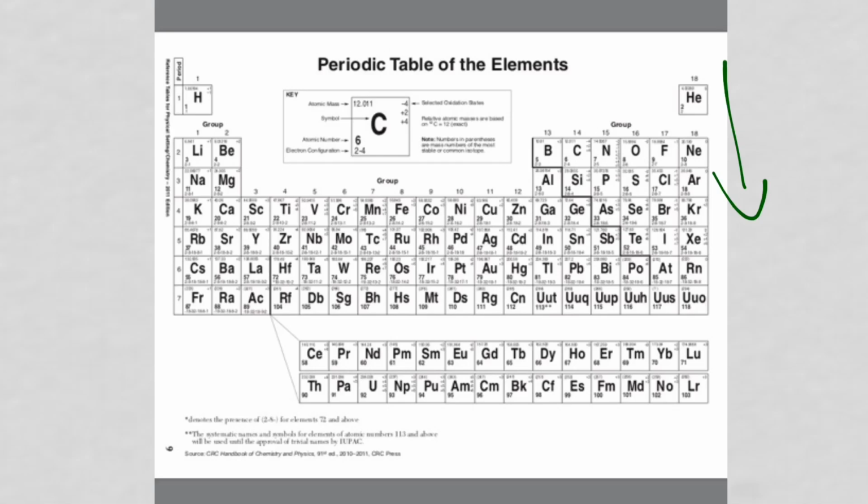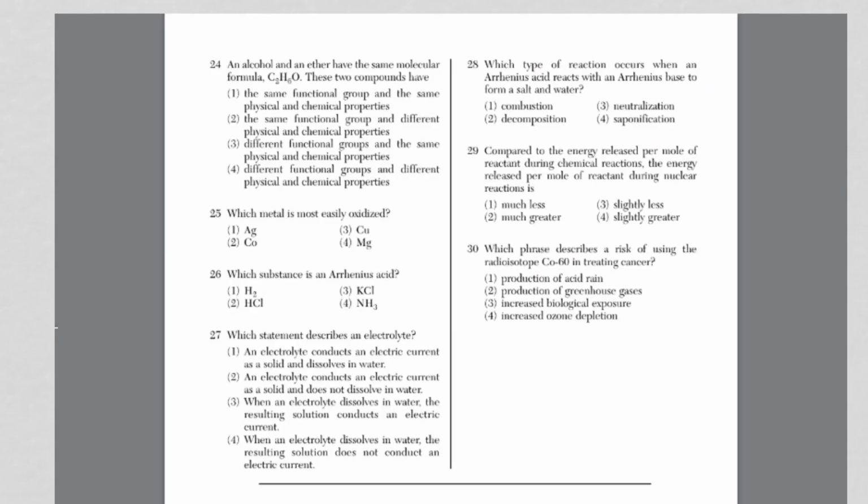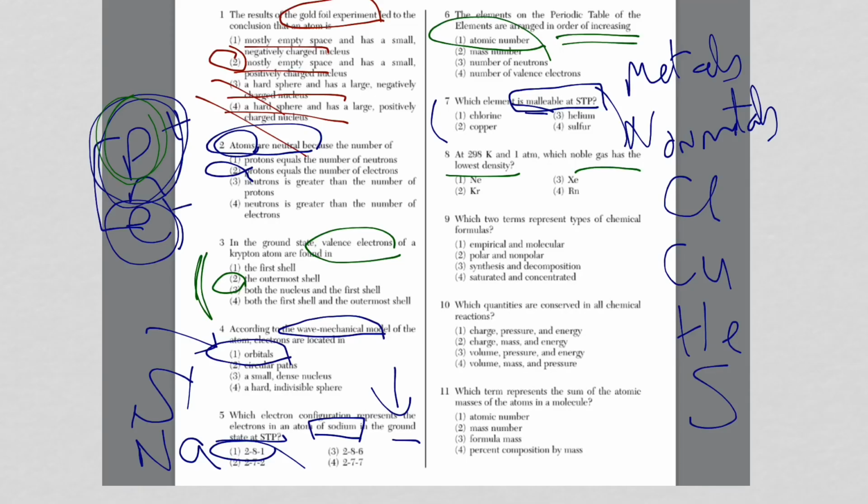So they didn't have helium as one of the choices, but then they had neon, I think argon, krypton, and xenon. So the answer is neon. And if I come on back, here it is. It's choice 1.